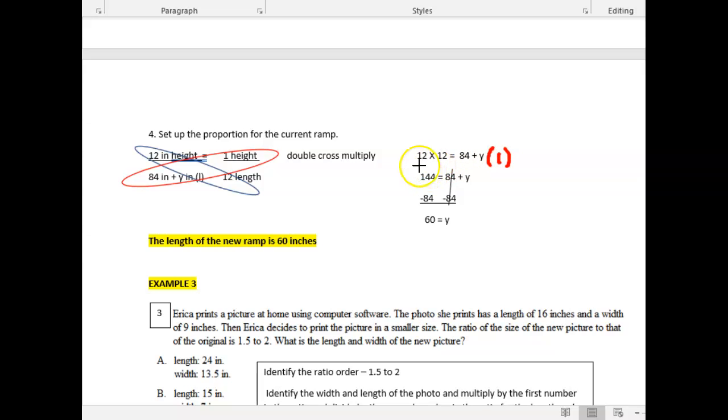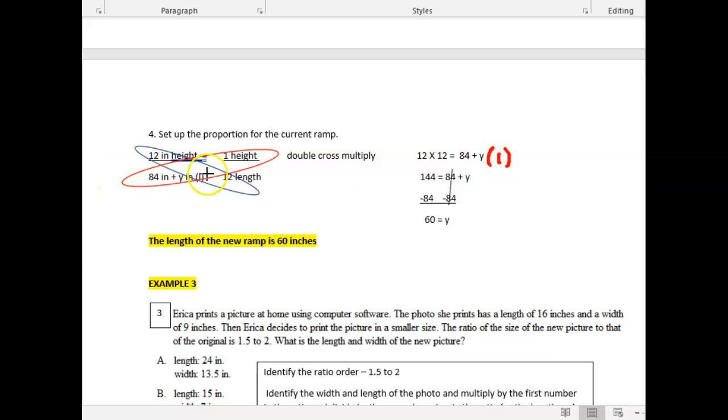All right, so here we have 12 times 12, which we yielded because of the cross multiplication here, 12 times 12. And then 84 plus y, because that is the length of the current ramp, times 1.